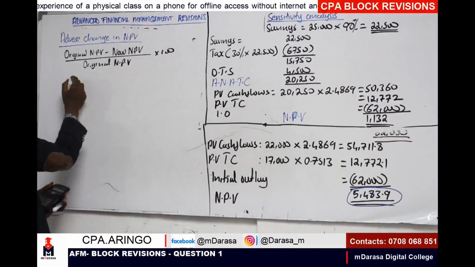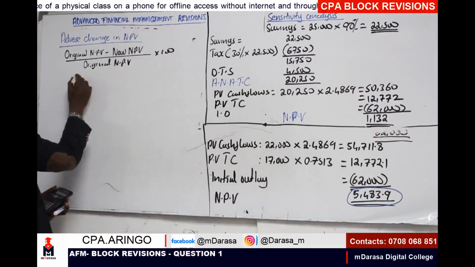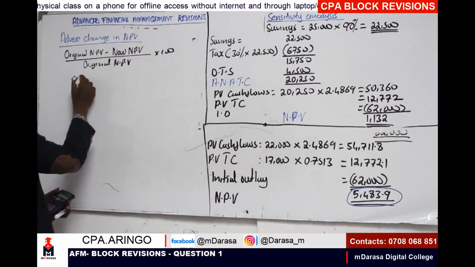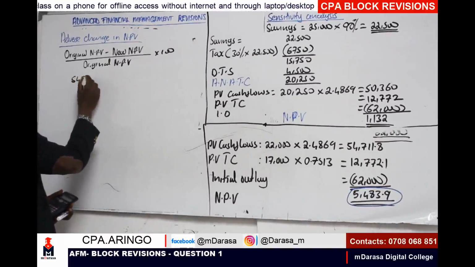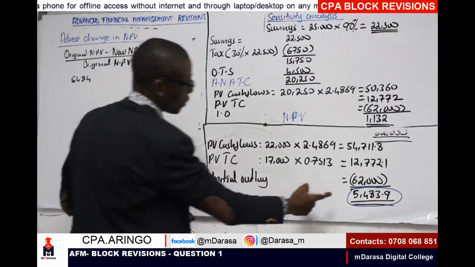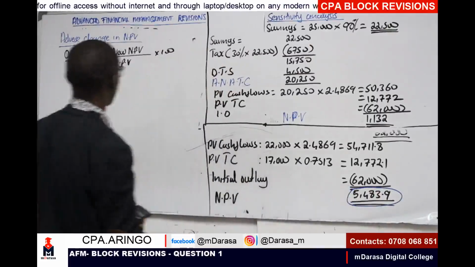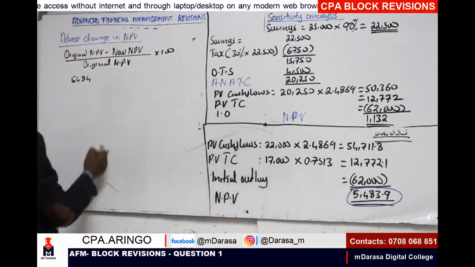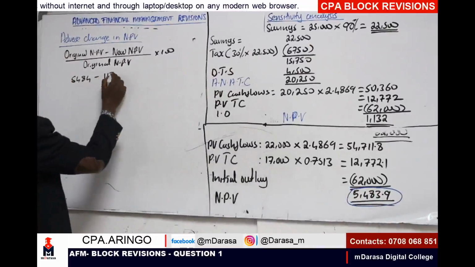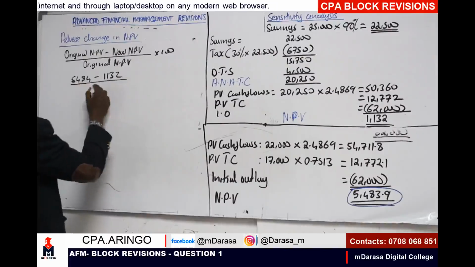So I should be having the original NPV, which was 54.84, minus 1,132.